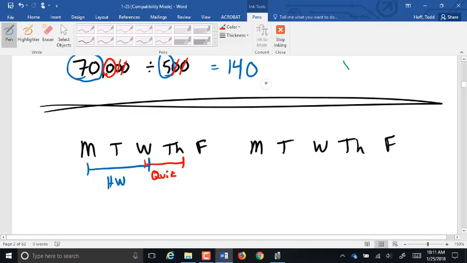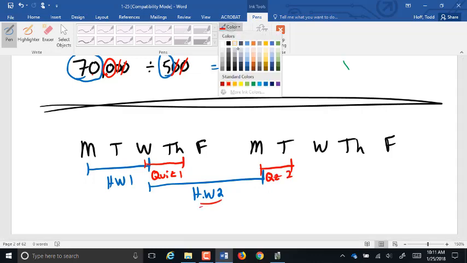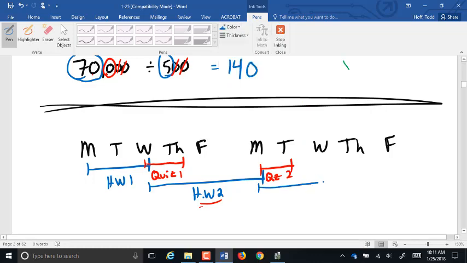And you'll have a new homework that starts on Wednesday and goes till the following Monday. I'll just call that homework 2, homework 1 for now. Then on Monday, there'll be a quiz that starts Monday and goes through Tuesday. That'll be quiz on the homework 2 stuff. And yep. Okay. So yeah, your first quiz won't be until Monday.